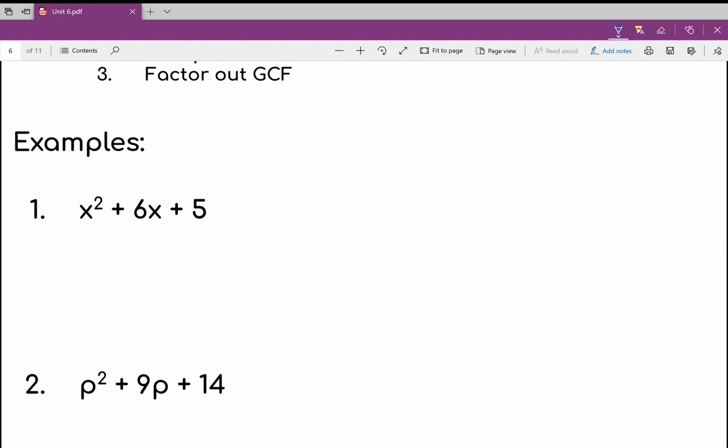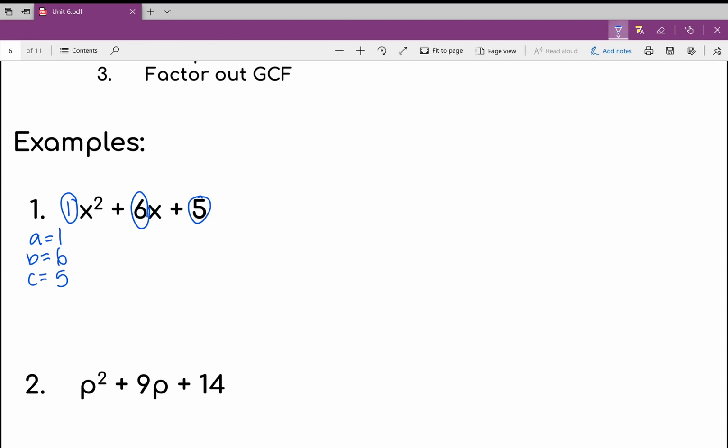Our first step, like I mentioned above, is to label our A, B, and C. A, remember, is the number in front, and in this case, A is always going to be 1. So A is 1, B is 6, and C is 5.